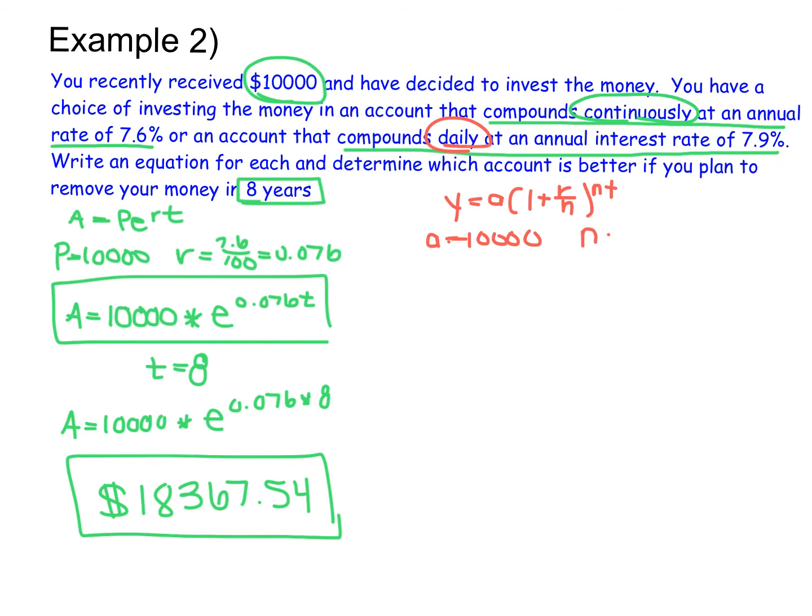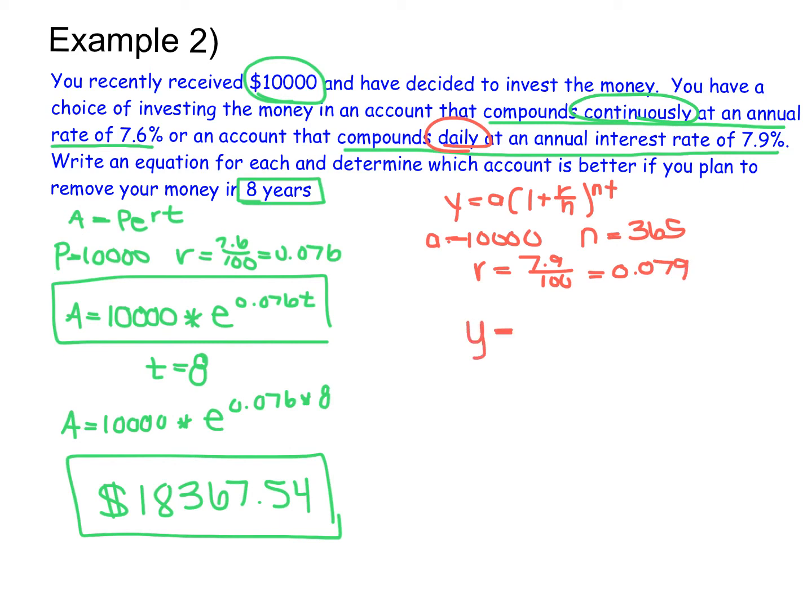Our n, because it's compounding daily, is 365 because there are 365 days in a year. And then your rate is going to be the 7.9 divided by 100, which is 0.079. So we can write our equation now.